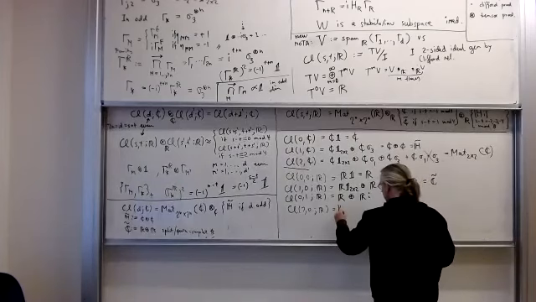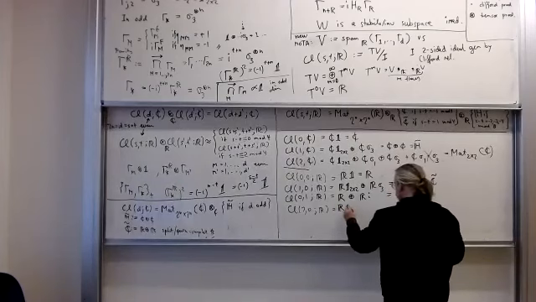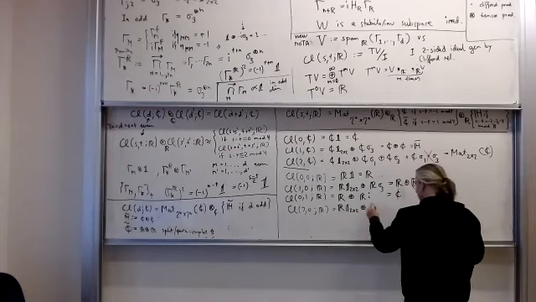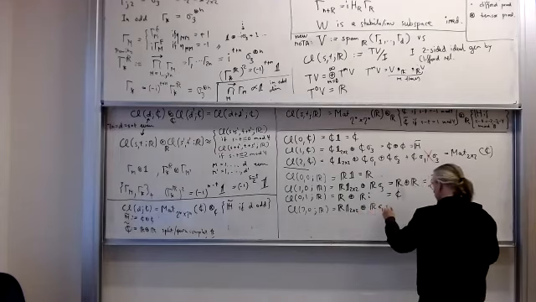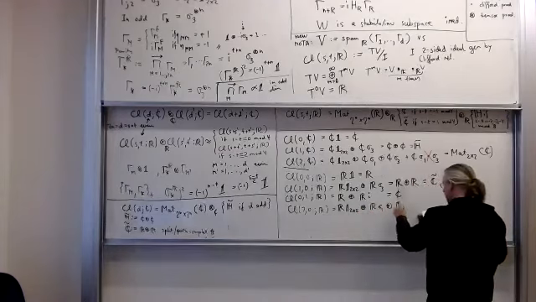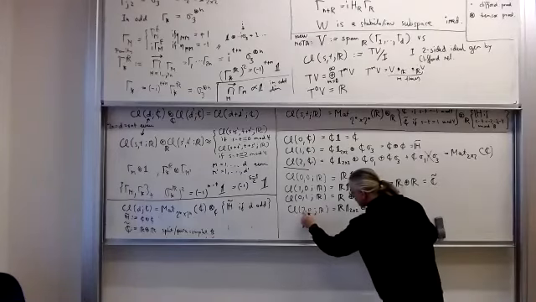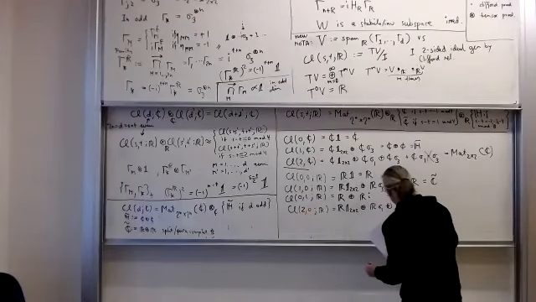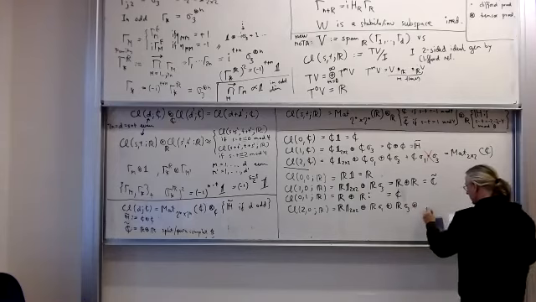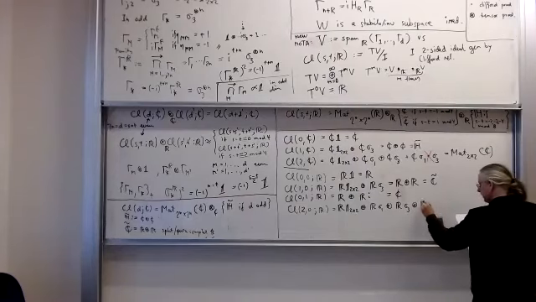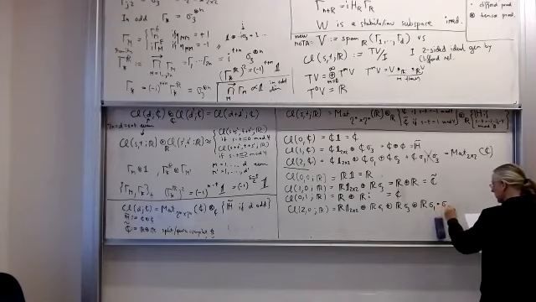This is R times the 2 by 2 matrices, plus R sigma 1 plus R sigma 3, plus, and then we get again R sigma 1 dot sigma 3.